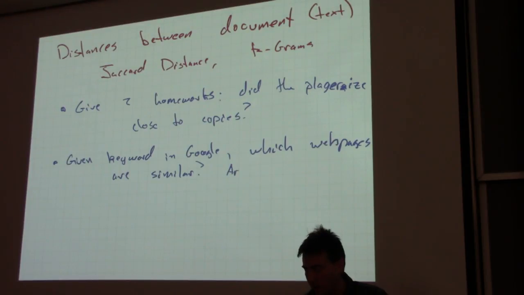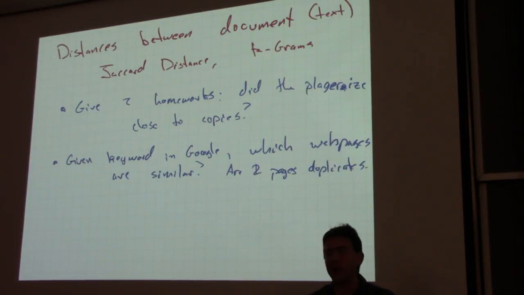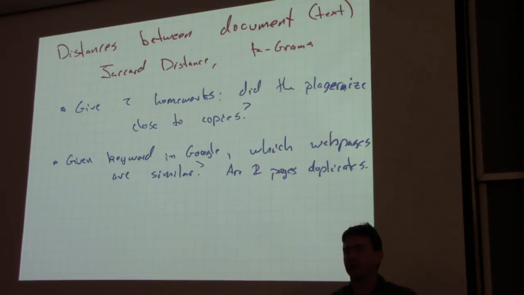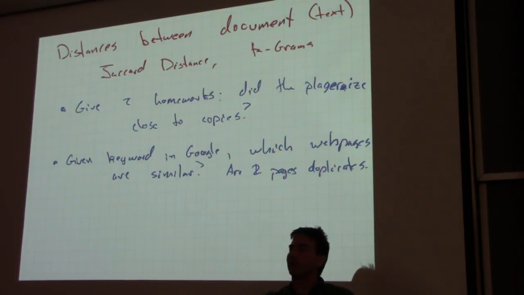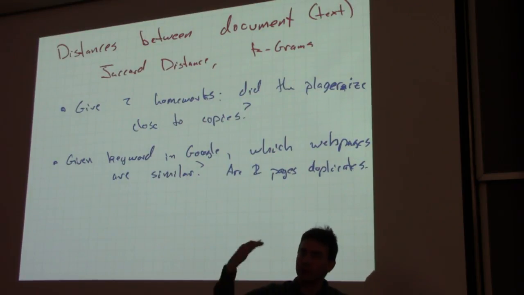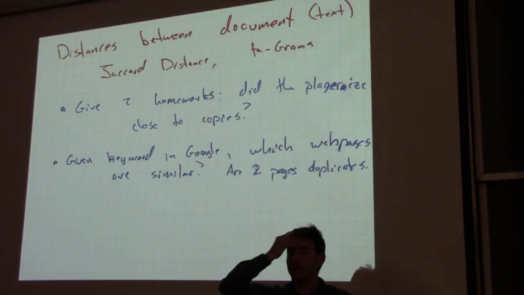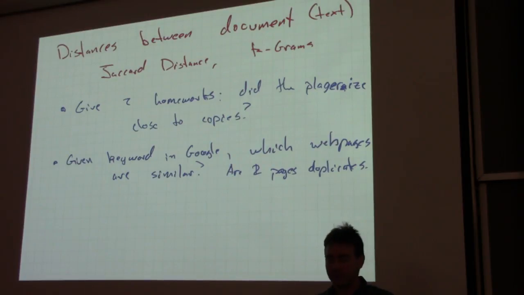Or are two pages duplicates? If there's a really popular page describing some concept, someone who wants clicks may copy that page and put it on their site. There's an issue of plagiarism again, but Google doesn't necessarily want to say who's plagiarizing whom. They just don't want to show you both of those pages in the top 10 list of search results, so I want to filter out things that are too similar. How do I do this?